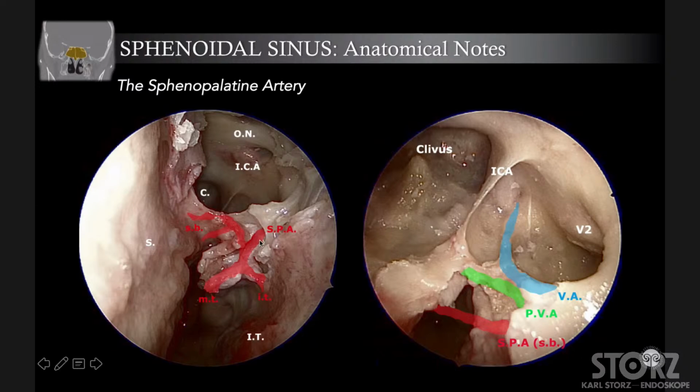Remember, all the branches that are present at this level are turbinal branches of the sphenopalatine artery for the inferior turbinate, turbinal branches of the sphenopalatine artery for the medial turbinate, septal branches of the sphenopalatine artery which supply the nasal septum, and after that we can also have other branches not associated with the sphenopalatine artery but arising directly from the maxillary artery, which are the palatovaginal artery and the Vidian artery.